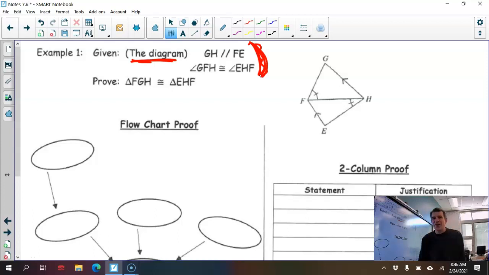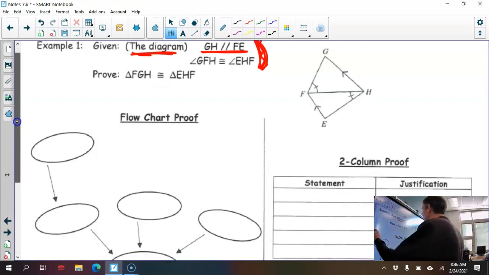And I want to focus on a key thing here. And the key thing is these parallel lines. You guys, almost any time you are given parallel lines, it is so you can use those parallel lines and the properties of parallel lines crossed by a transversal to prove that angles are equal.